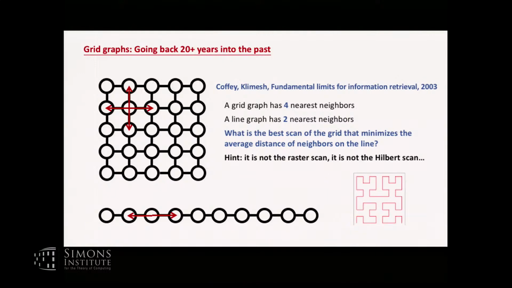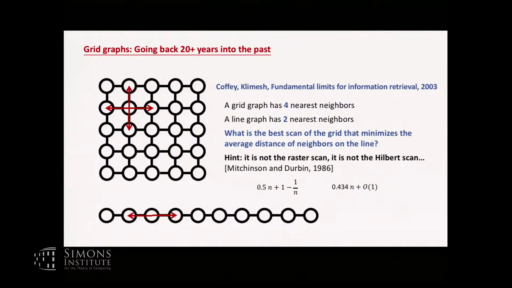If you think of Hilbert or Hilbert-Peano space filling curves, that's what Lempel and Ziv did, from what I remember. But that's not the best way to scan a two-dimensional grid into a one-dimensional vector or order in order to maintain as much as possible the neighborhoods in a 2D structure on a 1D string.